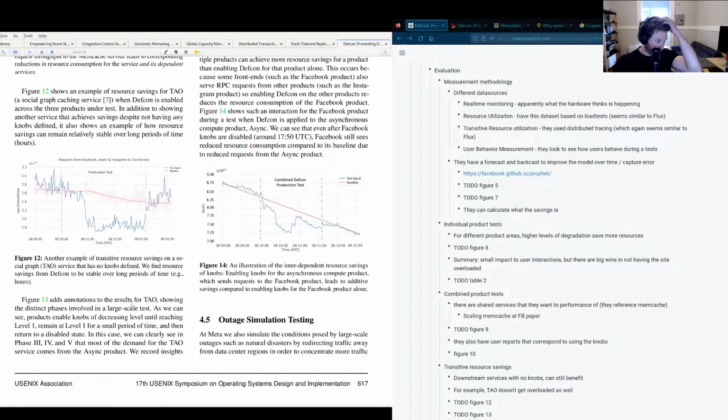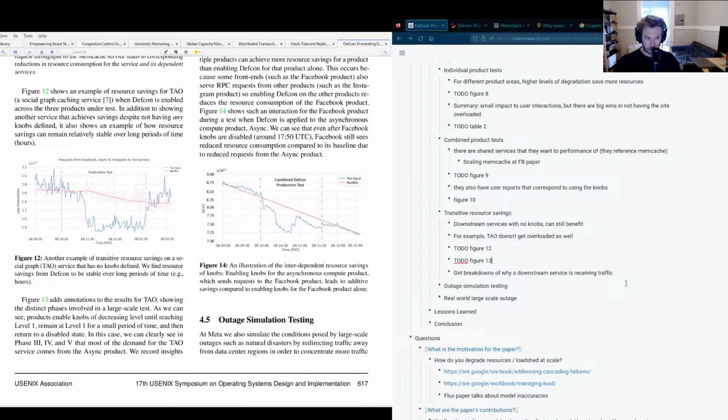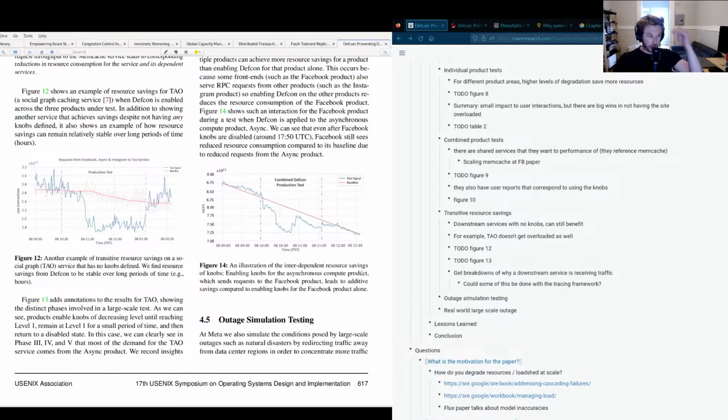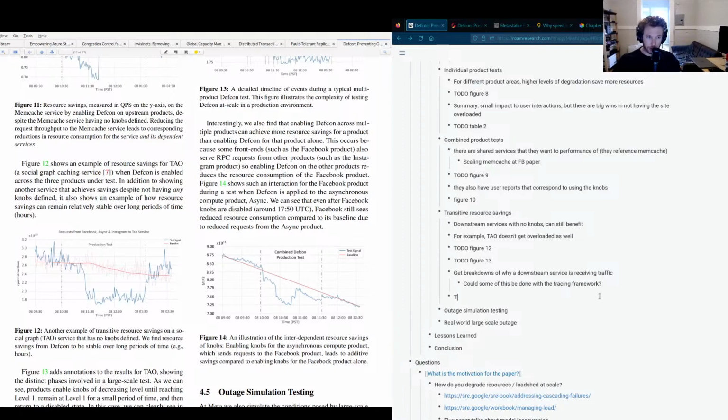And then what else? So they also get breakdowns of okay. And then there's also interdependence between products.